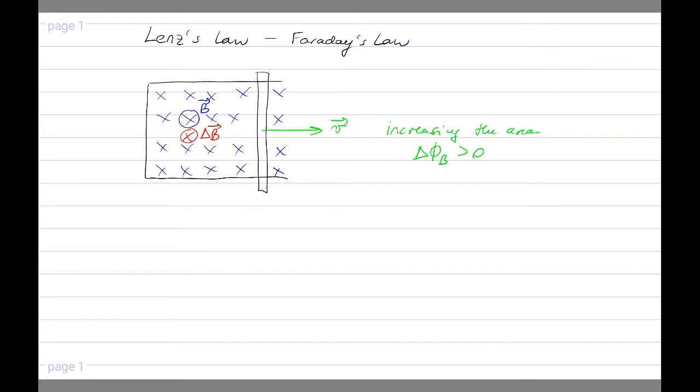The loop now is not comfortable with that increase, so it can induce its own magnetic field to counteract that increase. So these two directions are opposite, and the magnetic field induced in magnitude is equal to the magnitude of the change in the magnetic field.